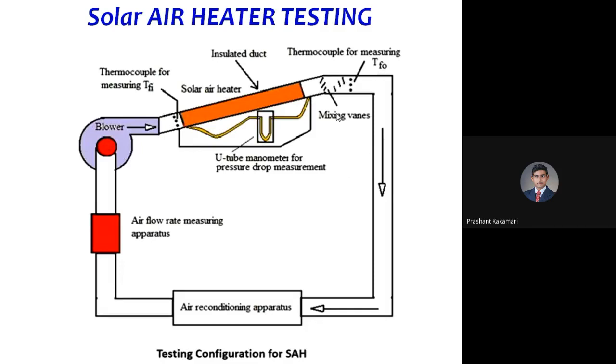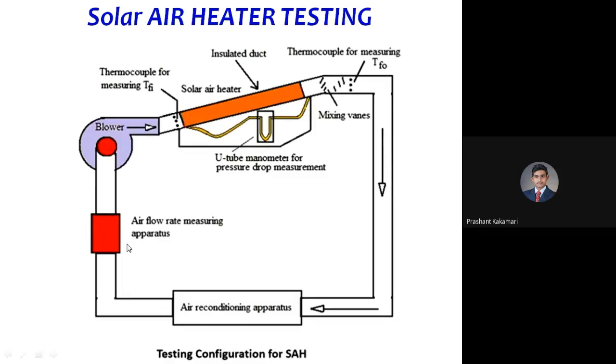Then again, as it is a closed loop, we are not taking any outside air. So this hot air should be cooled. To cool the air and condition it again, we need an air reconditioning or fluid reconditioning apparatus. Once the required temperature, or the ambient temperature of the air, is achieved, it is taken to the blower through an air flow measurement, because we need to know how much mass flow rate the blower is delivering.